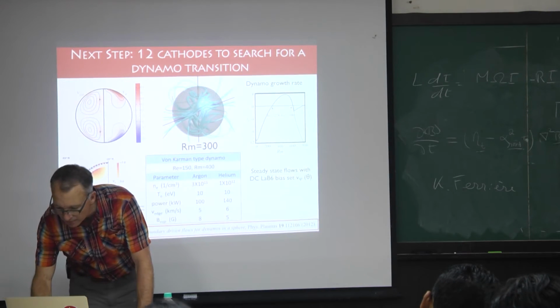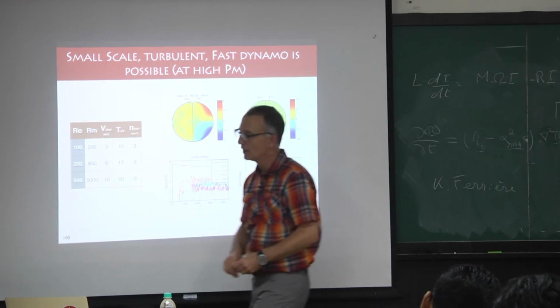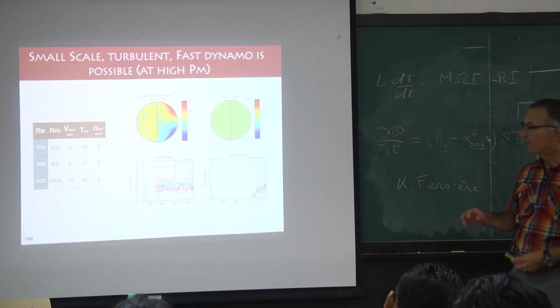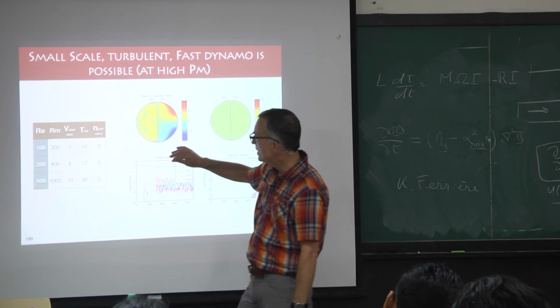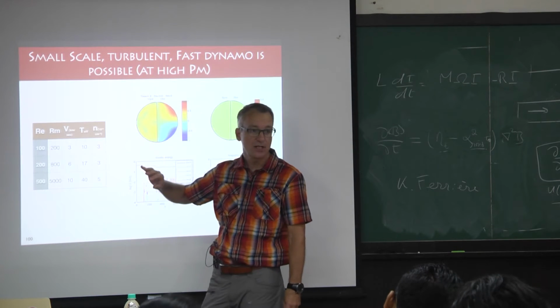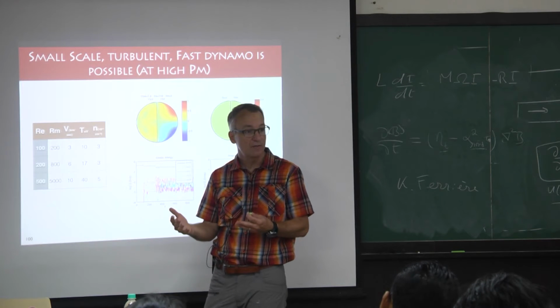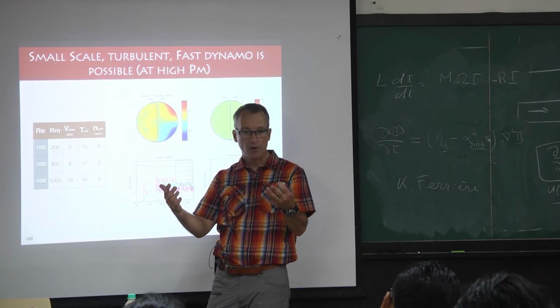Now let me show you something else. This is kind of a Gedanken experiment, if you will, for what might happen if we played with the numbers in such a way that we might control the onset of turbulence, and we might be able to go to a very high magnetic Prandtl number.